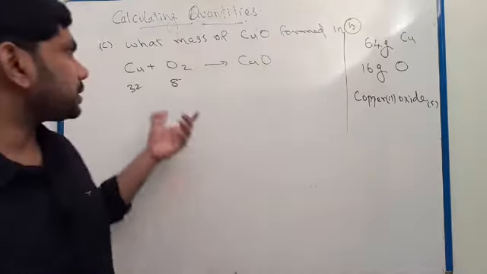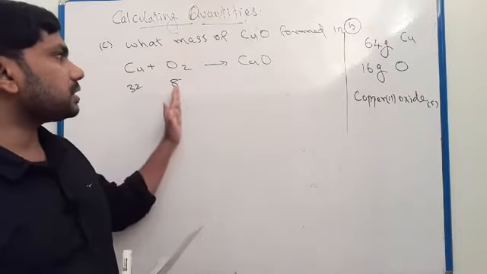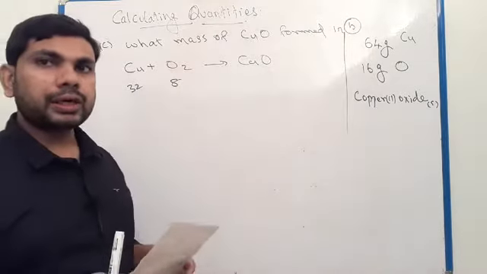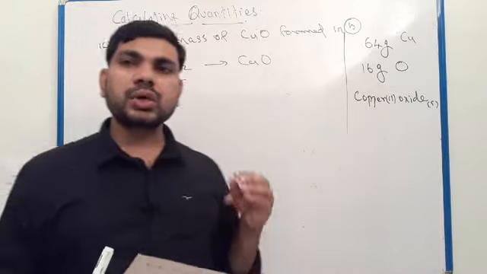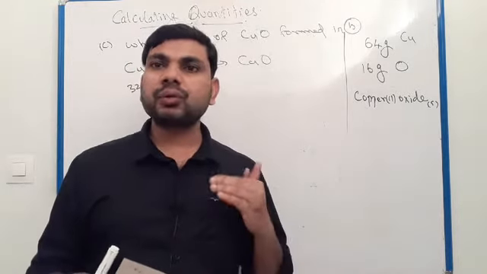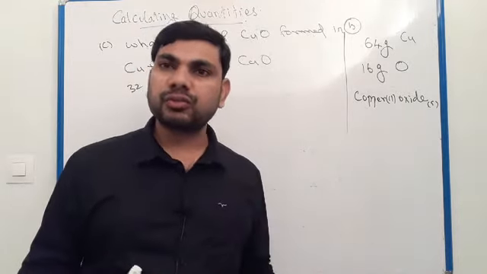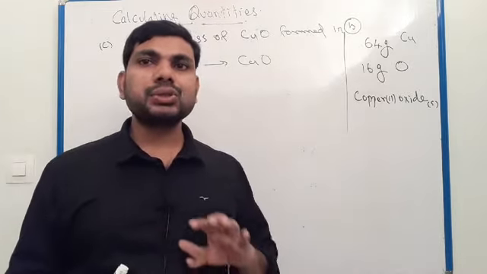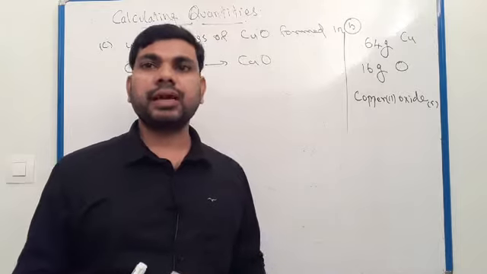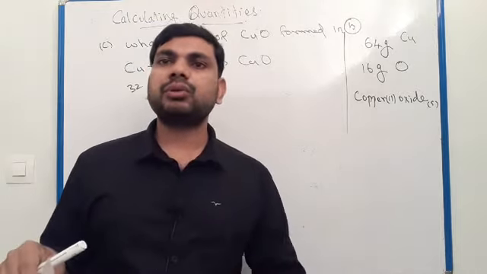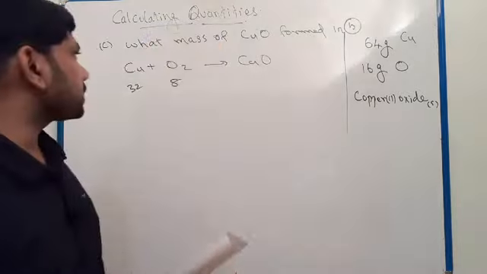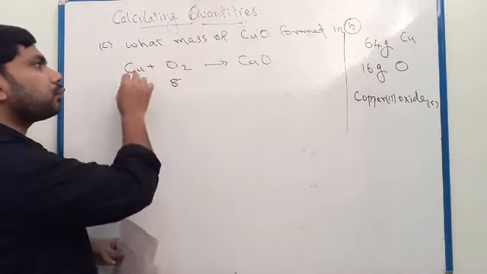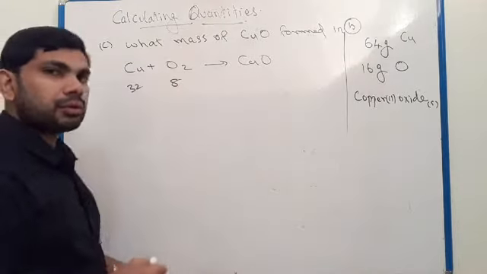So look here, this is copper reacted with oxygen formed copper oxide. We discussed already the law: mass of reactant is always equal to mass of product. So mass does not change during a chemical reaction. So here in question B, 32 gram copper reacting with 8 gram oxygen.